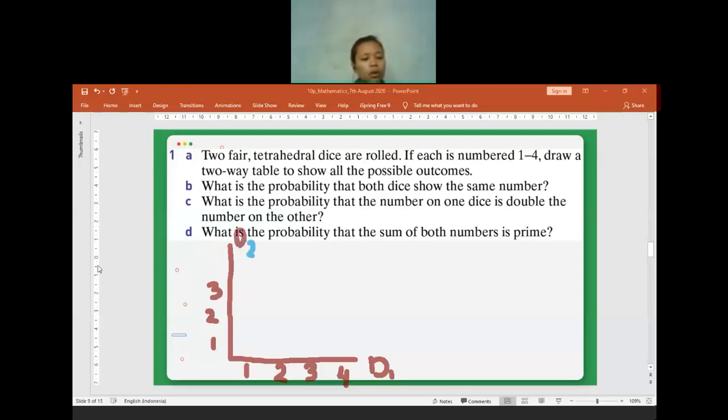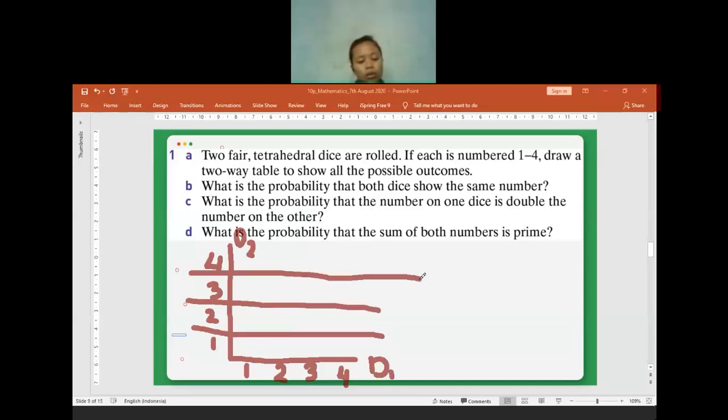Okay, now that we have made this, because the question asks for a two-way table, I will just make a table. But my table maybe will not be really neat, it will look messy, because I do not have a ruler here. So, like this.